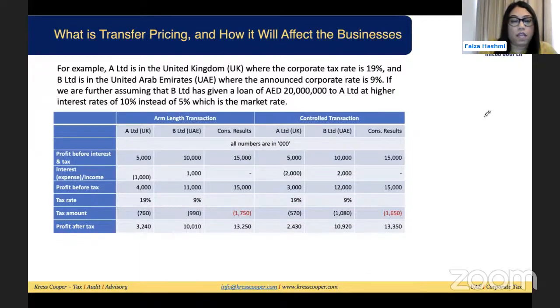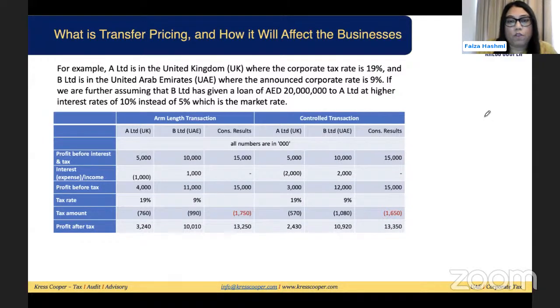Can you show the slide? Yeah. So now if you look at this illustration, there's a controlled transaction and an arm's length transaction. The controlled transaction is what will happen if there were no transfer pricing rules. So if you look at that, A Limited has the profit before interest and tax of 5,000, and the interest right now, since they have given it at a higher rate, is 2 million.